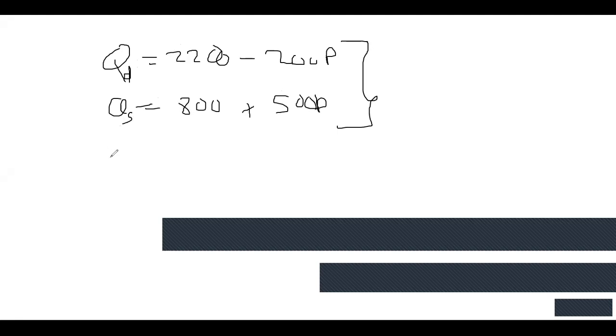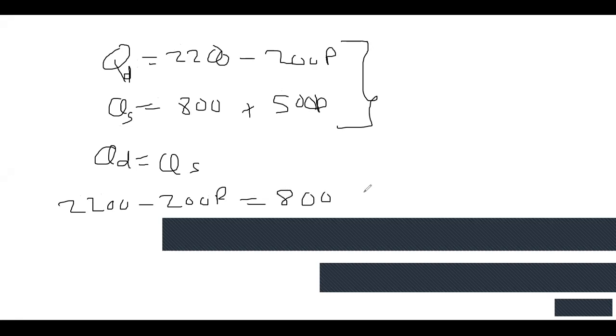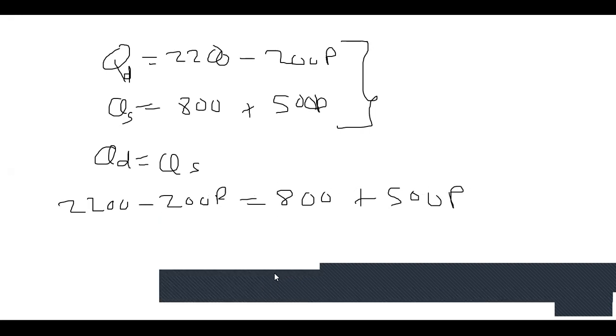It would be 2,200 minus 200p. Quantity demanded must be equal to quantity supplied. Okay, I want you to try to calculate that. Find the equilibrium price and quantity.